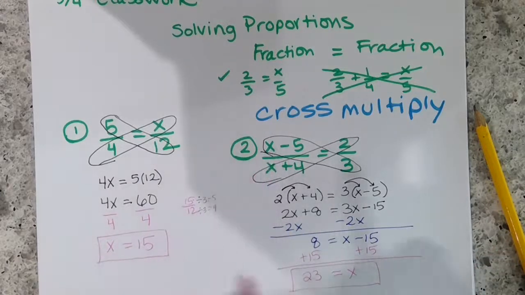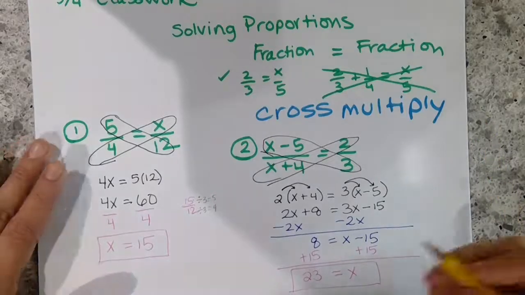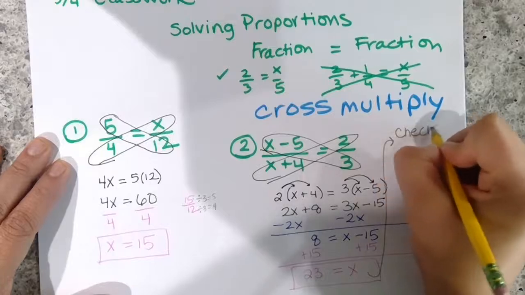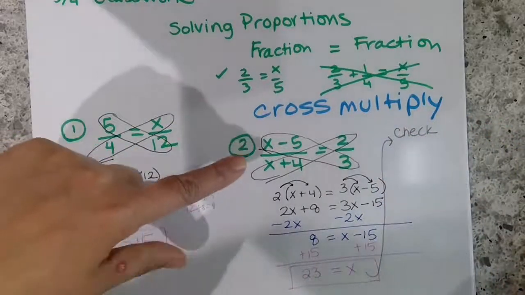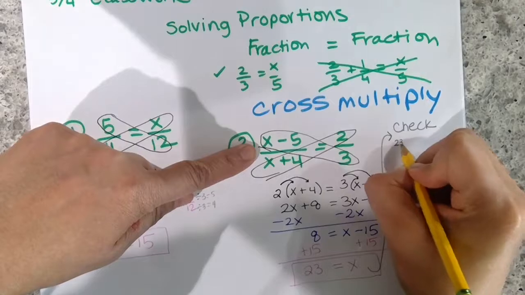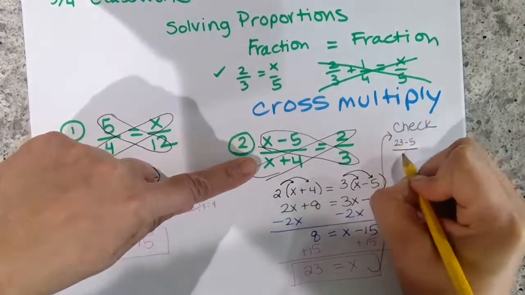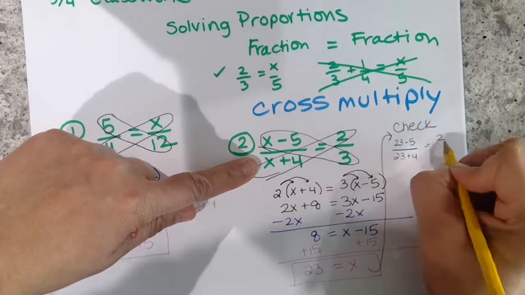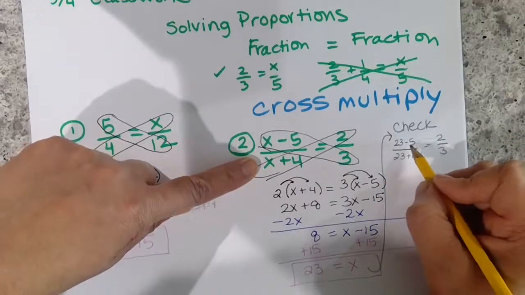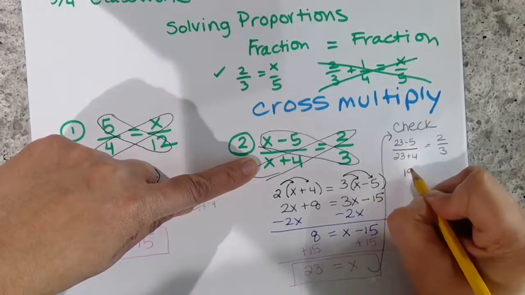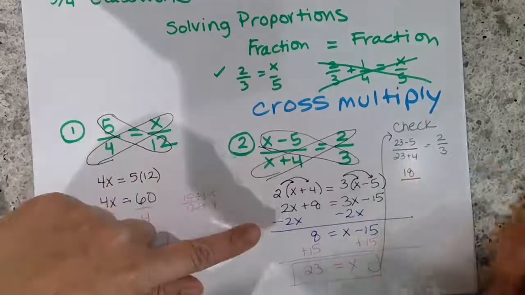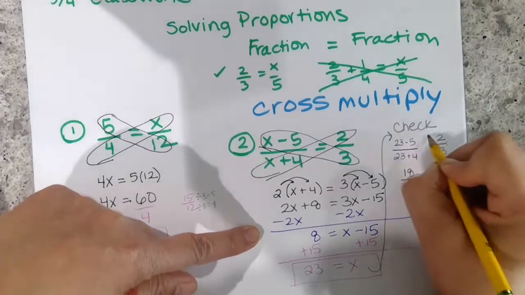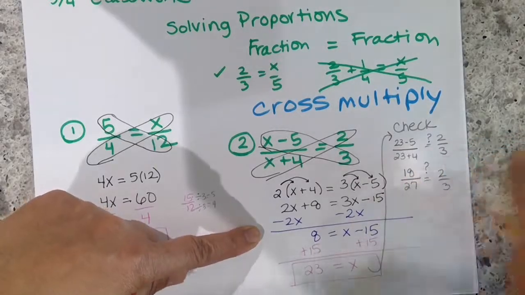And again, you could check your answer if you wanted to. So plug it into here, plug it into there. All right, so if we check our answer, this is 23 minus 5 over 23 plus 4. And we want to see if it actually equals 2/3. 23 minus 5 is 18. 23 plus 4 is 27.